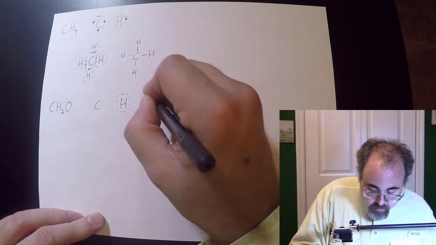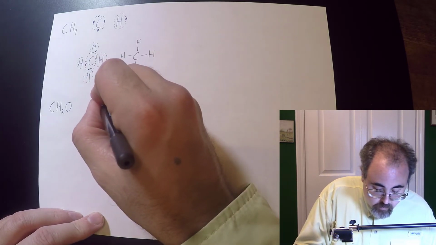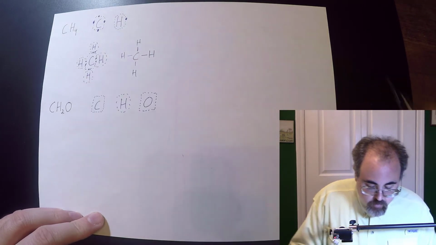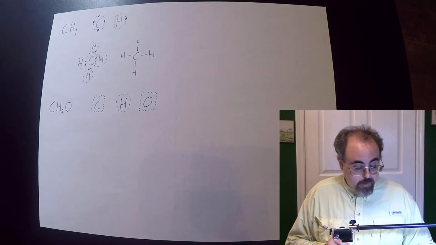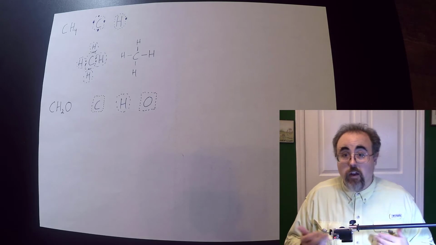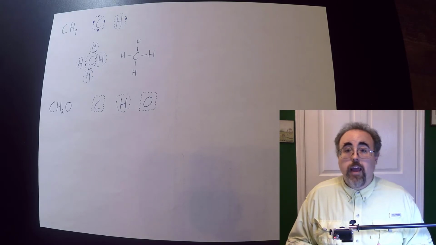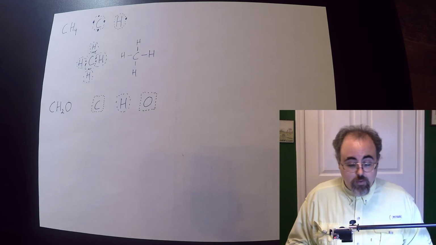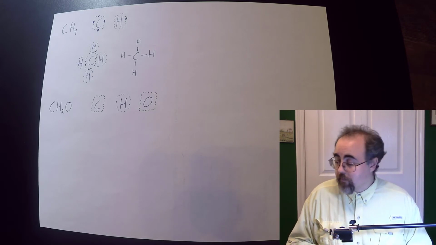Oxygen, like carbon, has in its valence shell an S and 3 P's, so I draw a 4-sided box. By the way, elements like sulfur and phosphorus quite often will have 6 or 5-sided boxes because they bring in d orbitals into the process.